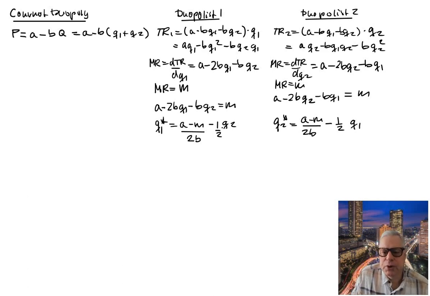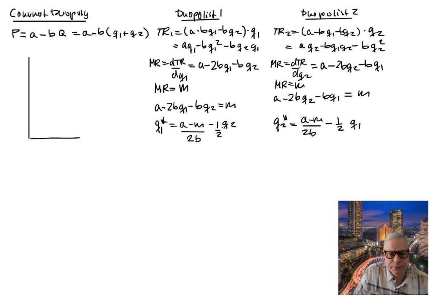Okay, so now let's find the equilibrium. The equilibrium is a situation in which no firm has an incentive to change their optimum quantity in response to what the other company chooses. So let's illustrate it graphically. We can display each firm's response function.